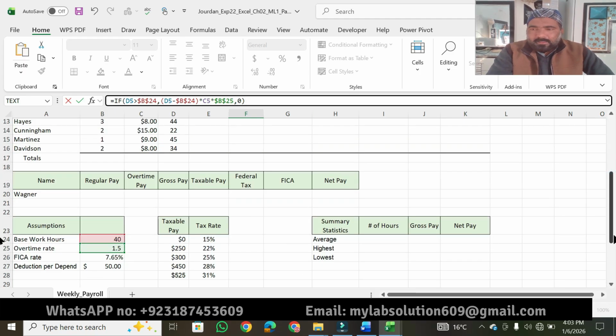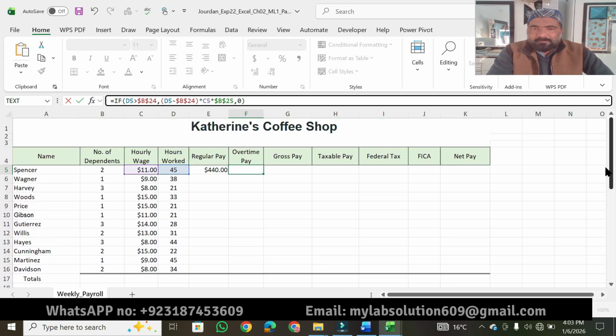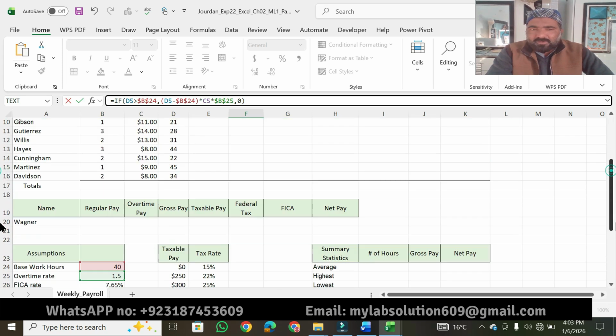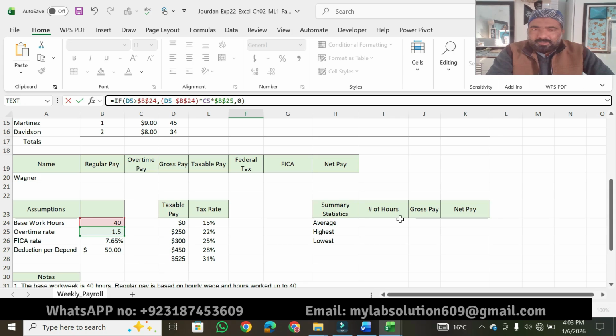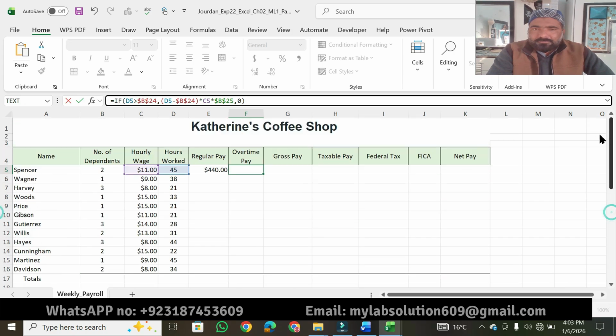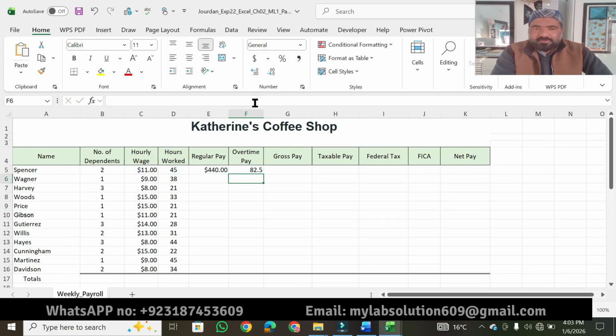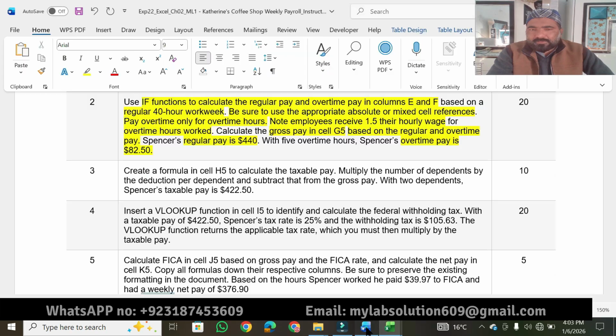Okay, and multiply C5 by B25 because B25 is the overtime pay. Okay, then simply press enter and we will get the answer. Now you may compare this answer with this answer, so it's exactly the same. Okay, so the column E value we have calculated, and the column F value is also calculated.